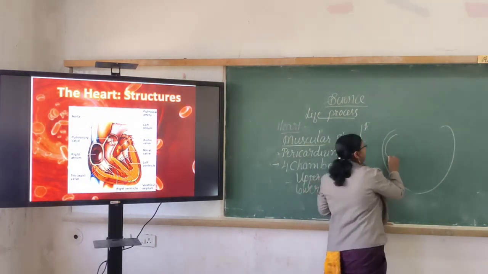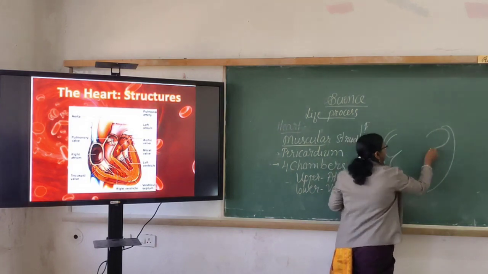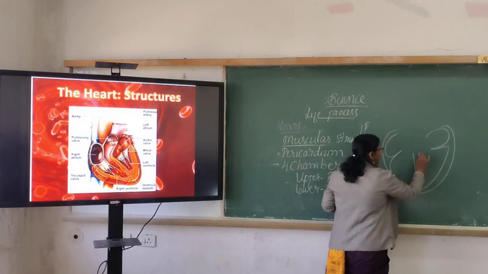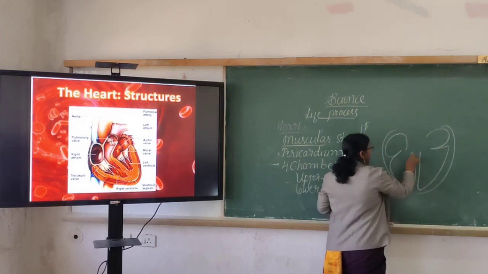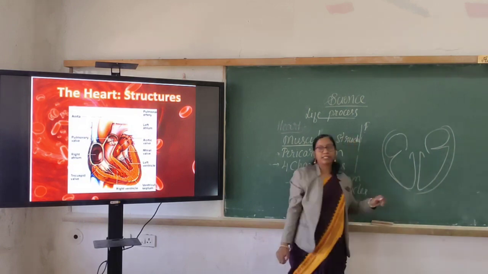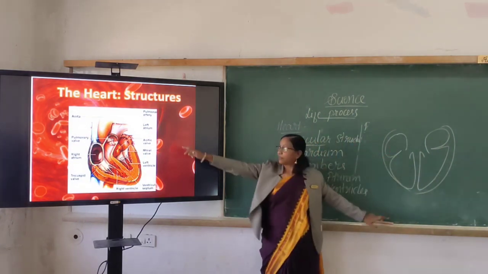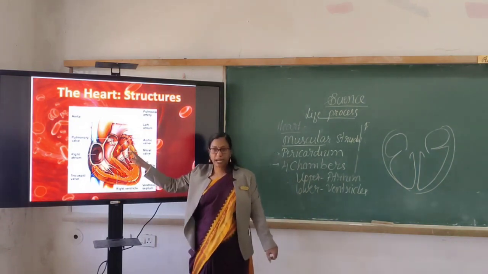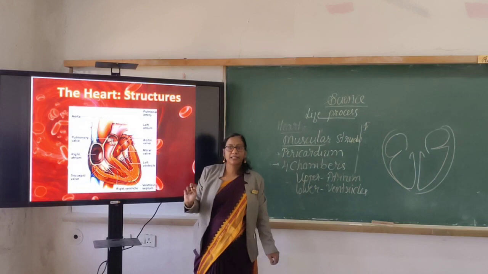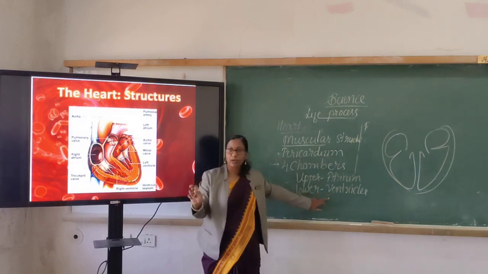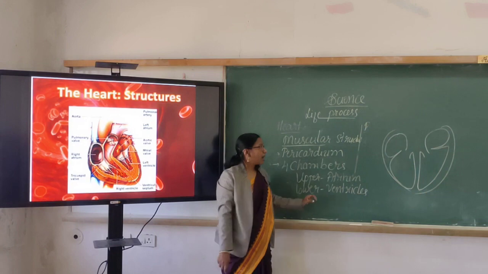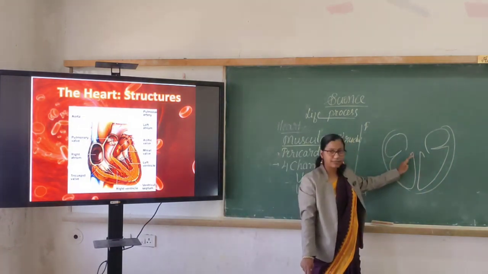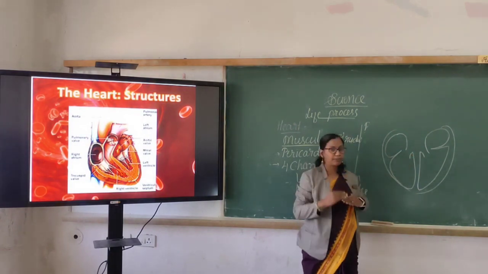And it has 2 upper chambers and 2 lower chambers. These 2 upper chambers are called atrium, and the lower chambers are called ventricles. Between the upper chamber and lower chamber, there are valves which separate the upper chambers from the lower chambers.